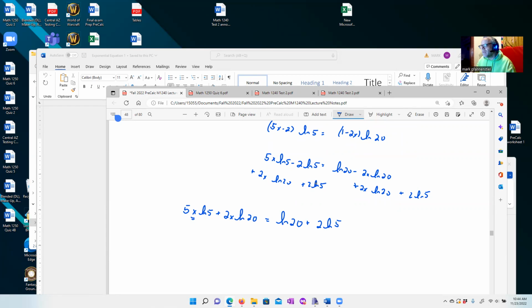Notice here, the x is common to both of these terms, so we can factor that out. We have x times the quantity 5 ln 5 plus 2 ln 20 is equal to ln 20 plus 2 ln 5. Is there a way to simplify that?